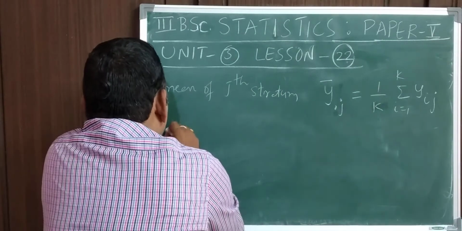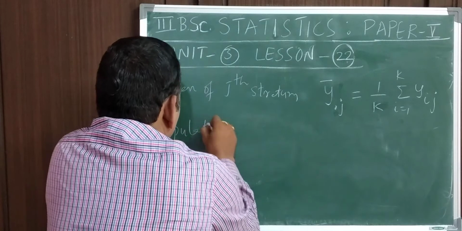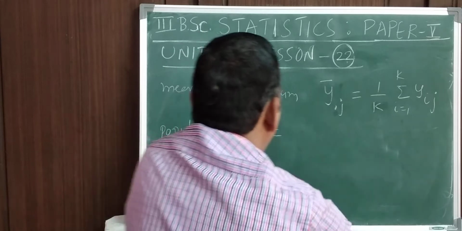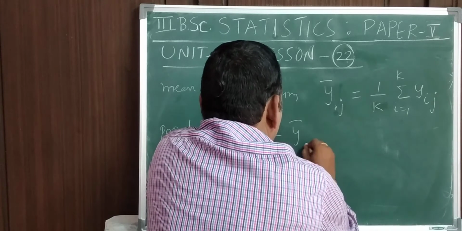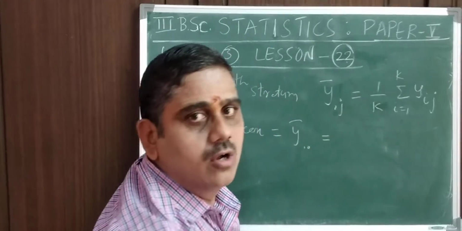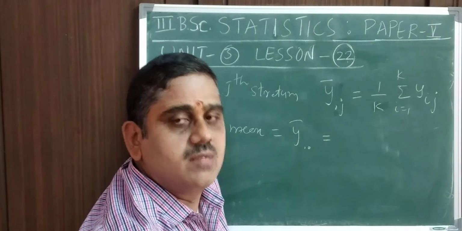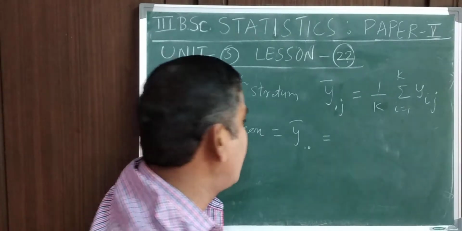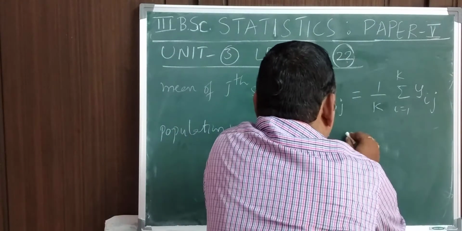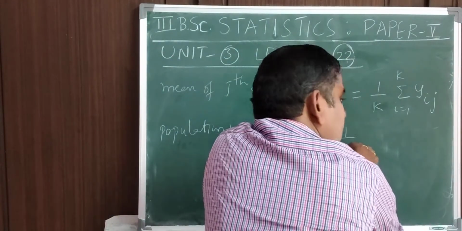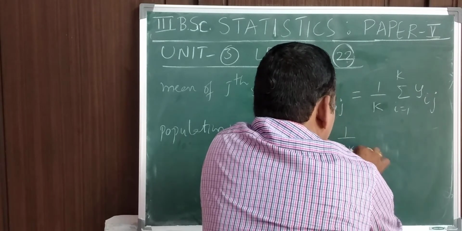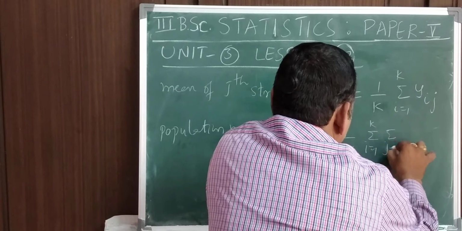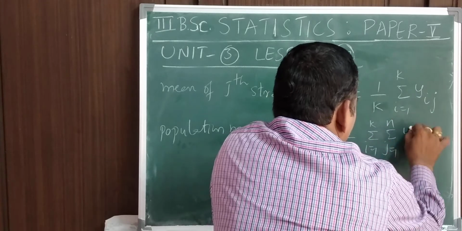The population mean. What is population mean? It is denoted by y bar dot dot in the stratified systematic sampling. Now in comparison with the stratified random sampling, y bar dot dot is 1 by N, capital N, that is nk, summation i equals 1 to k, summation j equals 1 to n, y_ij.